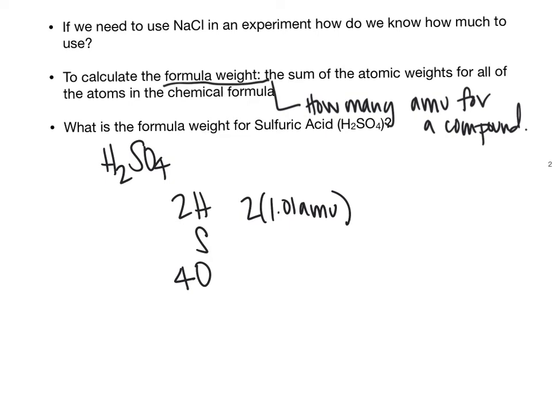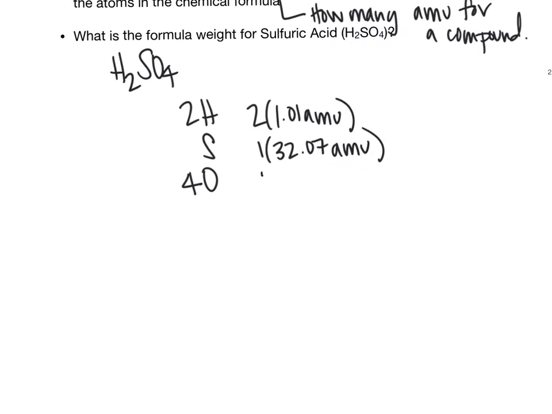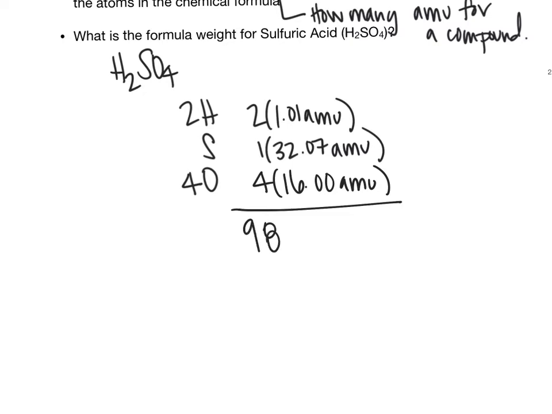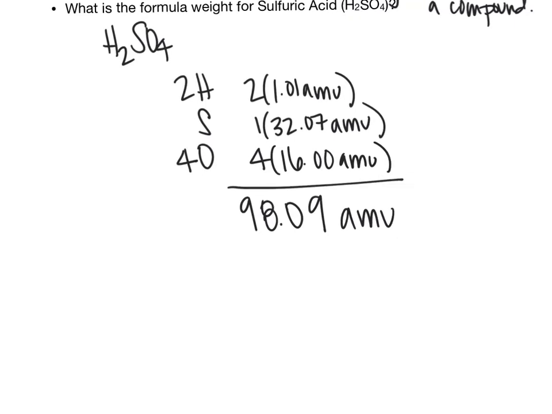For sulfur, it is 1 times 32.07 AMU. The oxygen is 4 times 16 AMU. And when we total those up, we get 98.09 atomic mass units. So the formula weight for sulfuric acid is 98.09 atomic mass units.